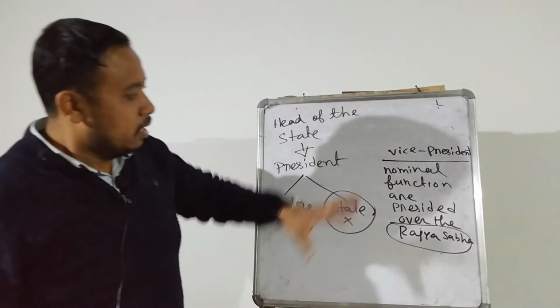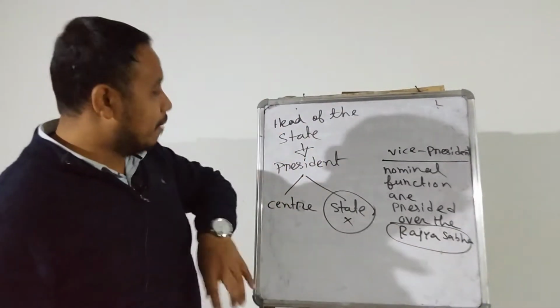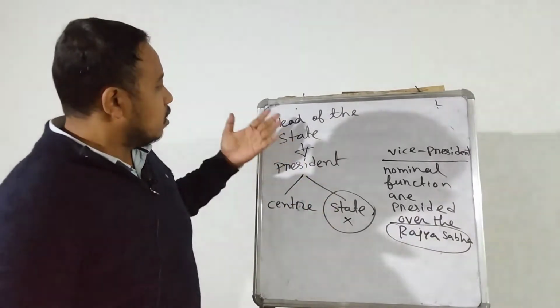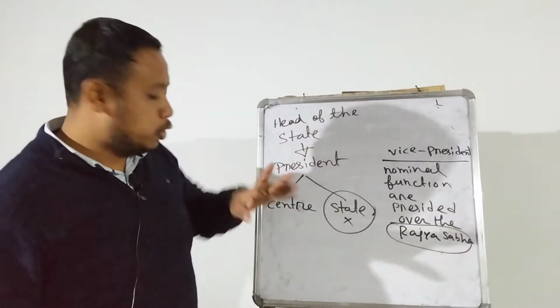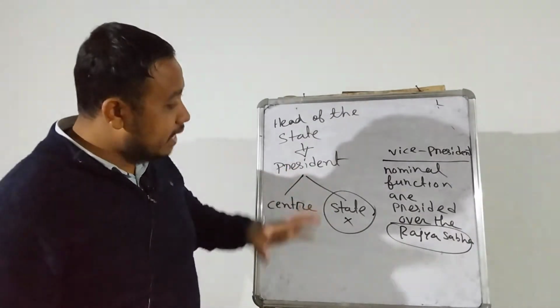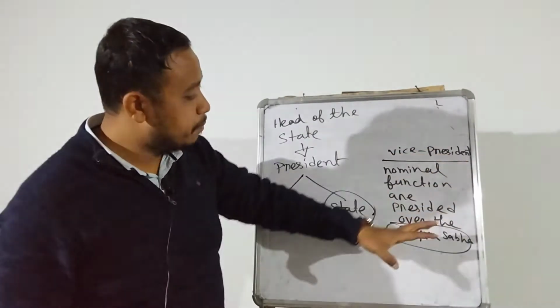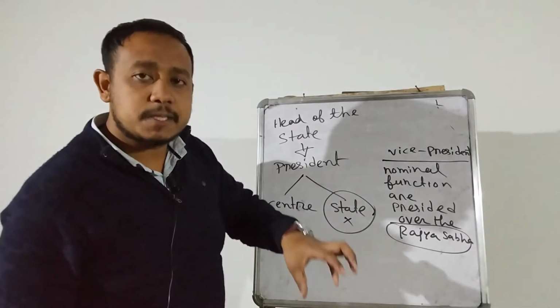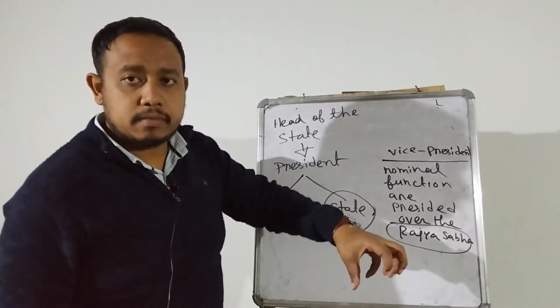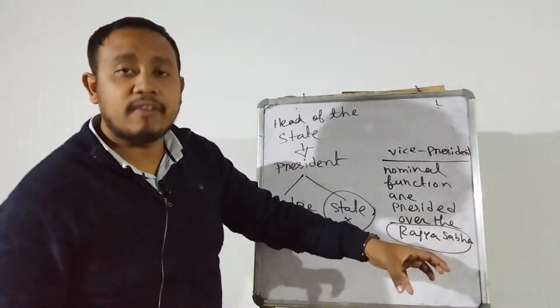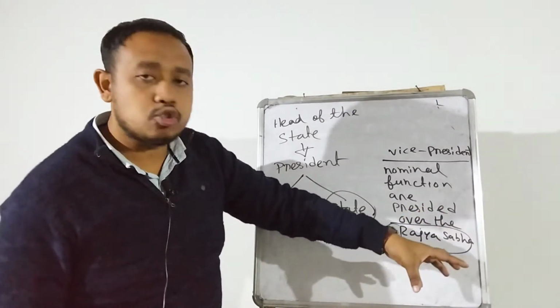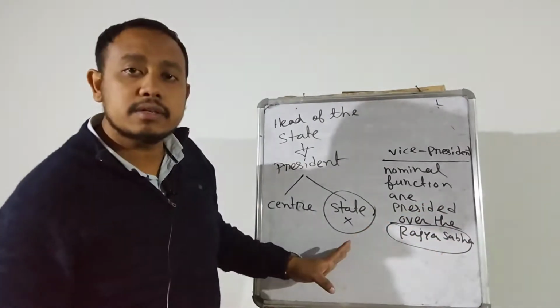Are you getting my point? I'm explaining again. The head of the state, the President, has power expanded to both center and state. But in case of the Vice President, his function is only in the Rajya Sabha, not the state.